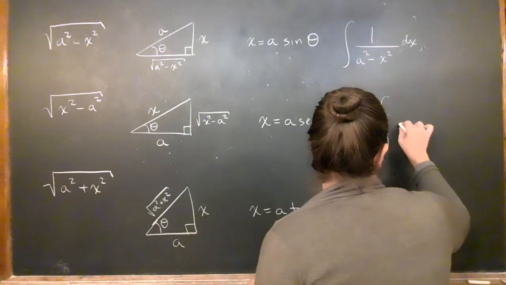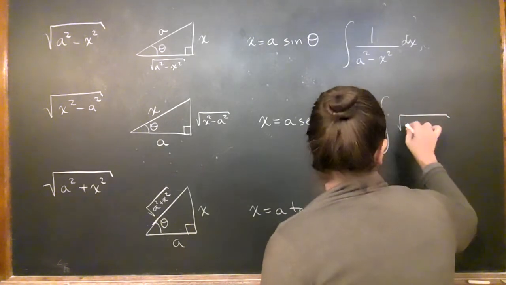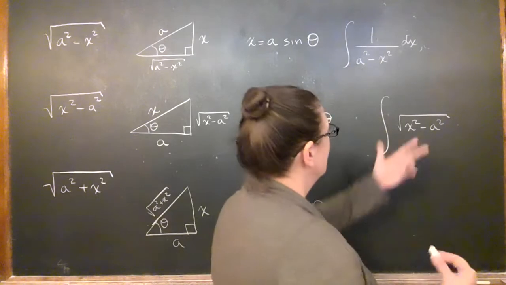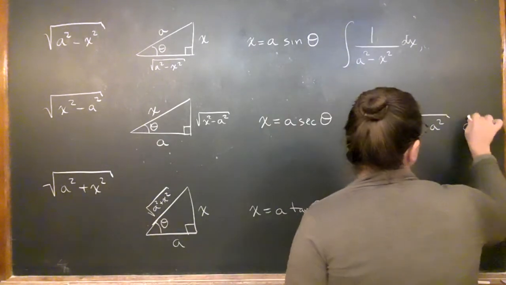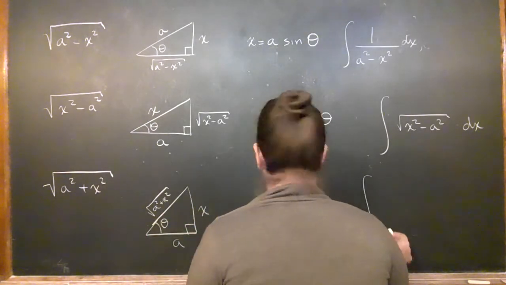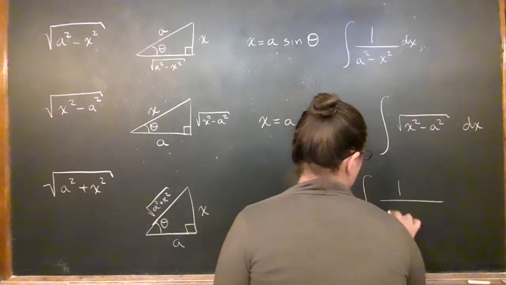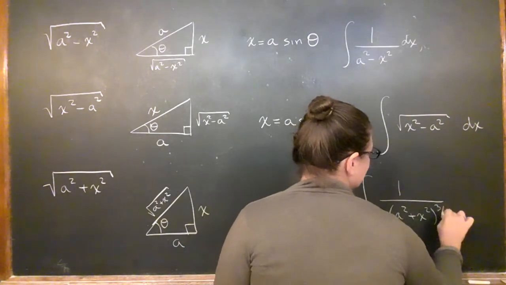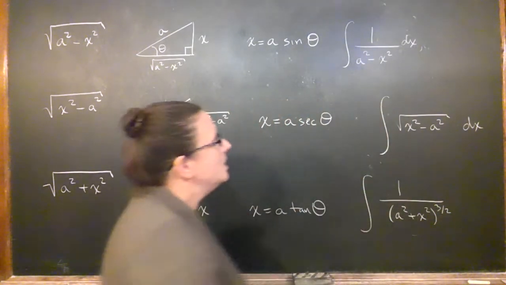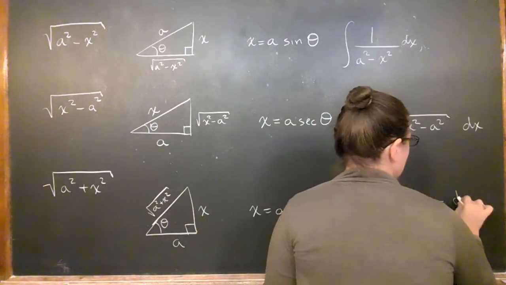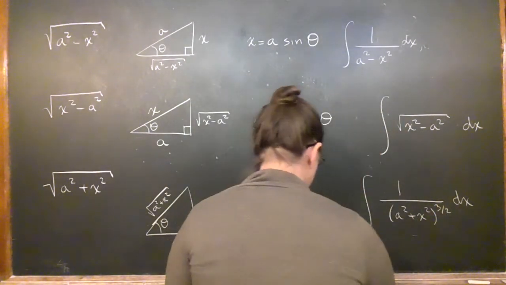As I was saying, I might have something like this: x squared minus a squared, just like that, no extra du, no x in front here. I might have something like 1 over a squared plus x squared to the 3/2. So keep in mind that this is a possible technique to use.